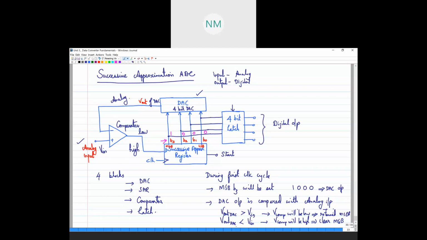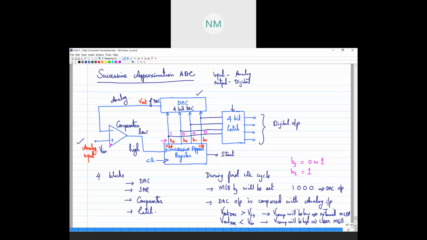So this is the first clock cycle. During the next clock cycle, B3 will take a position, whether it will be 0 or 1, depending on the output of the comparator. So B3 will be either 0 or 1. Now during the next clock cycle, B2 will be set. B2 will be made 1. Now when your B2 is 1, again depending on that, DAC will produce some output, and this comparison will be between the output of the DAC and the analog input.